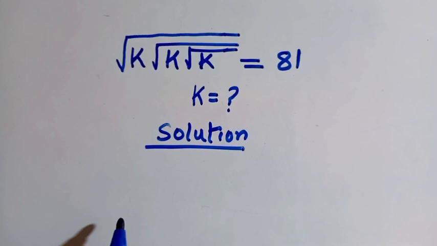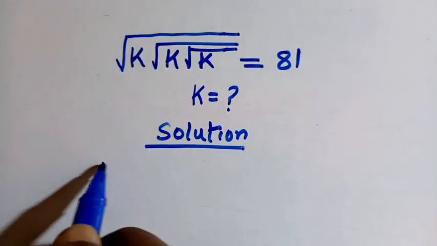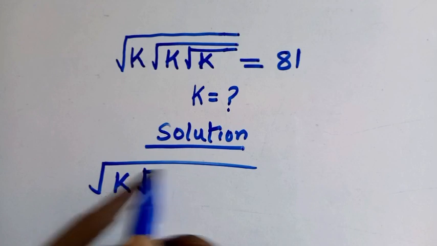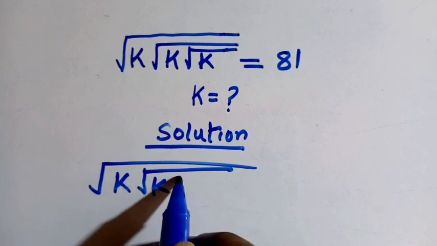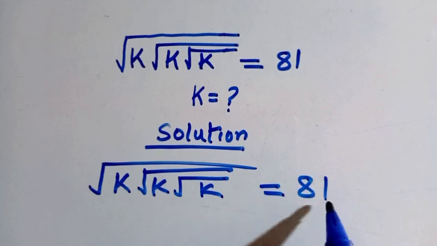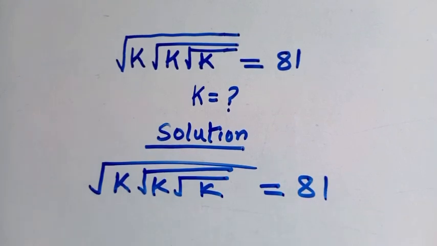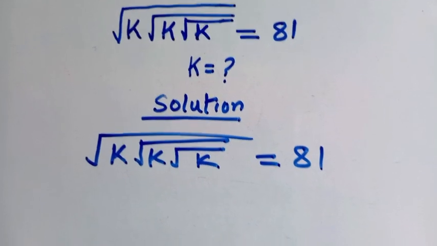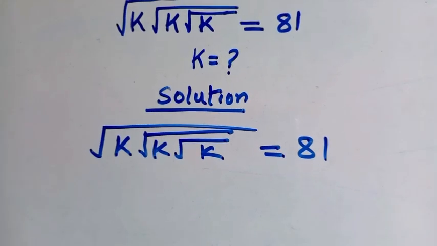So here we have square root of k multiplied by square root of k inside square root of k equals 81. I'm going to present two methods to solve this.